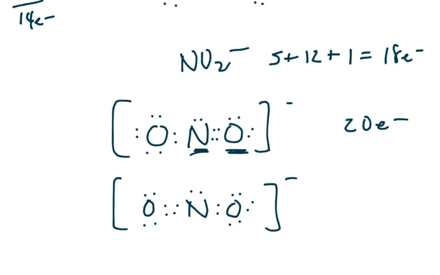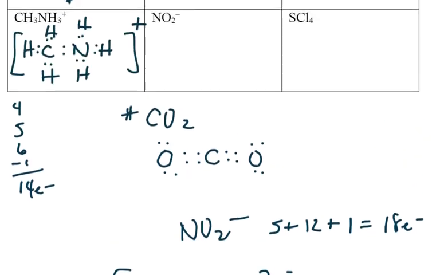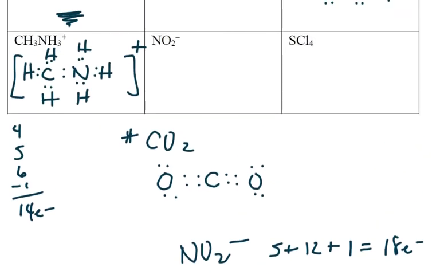And so what we say is going on is that there is resonance, that the actual bonding is a combination of these two, that both of these pictures contribute to the bonding. And this resonance idea has something to do with the fact that we are limited by this Lewis dot structure, that we have to put those electrons in one place or another. And I'm going to use my shortcut here.